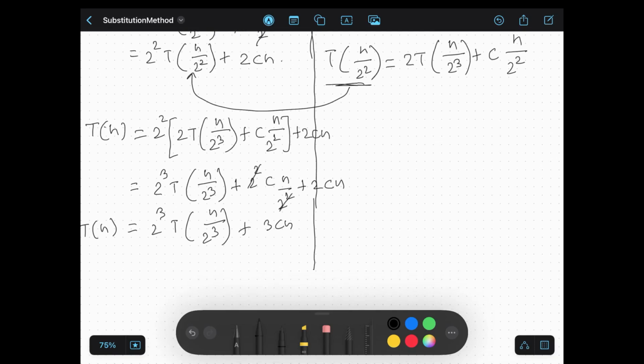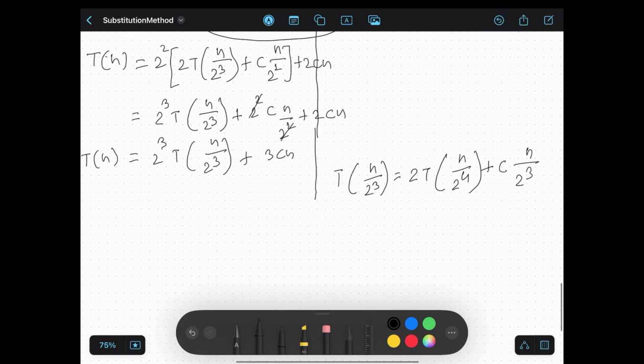So T(n upon 2 cube) is equal to 2T(n upon 2 to the power 4) plus c n upon 2 to the power 3, right?